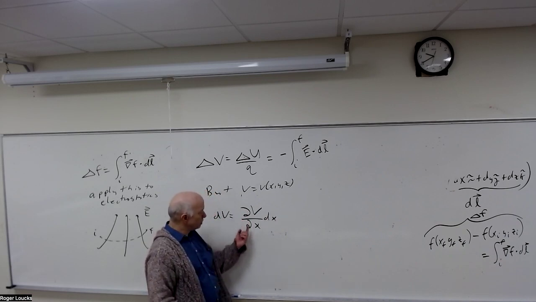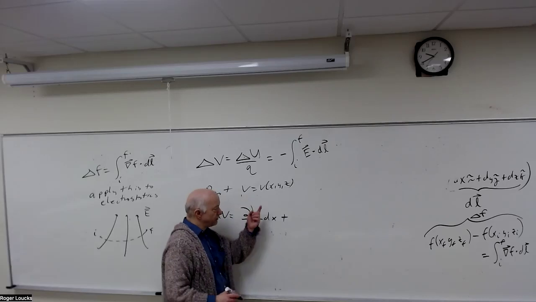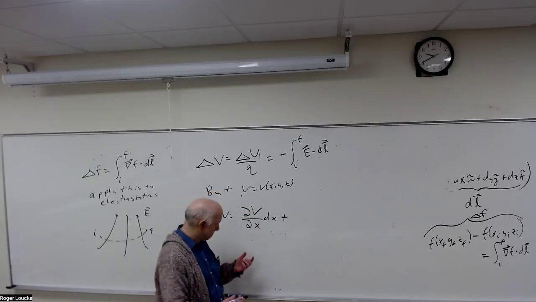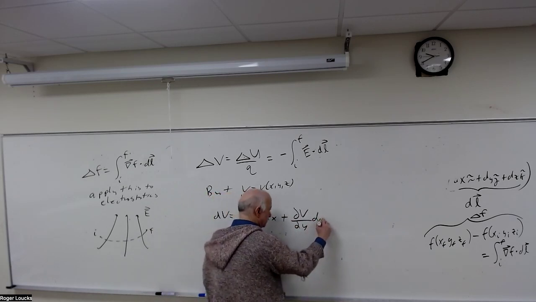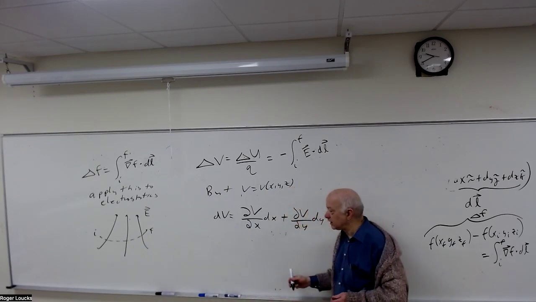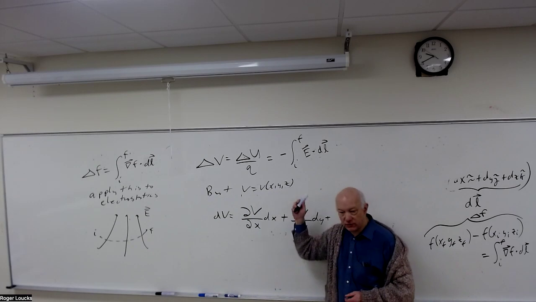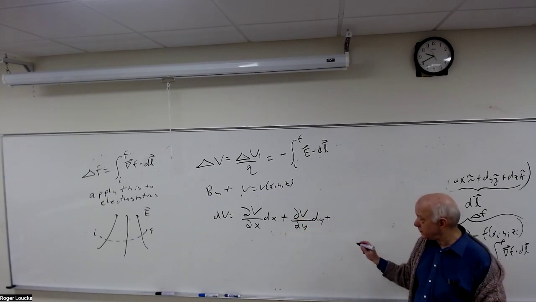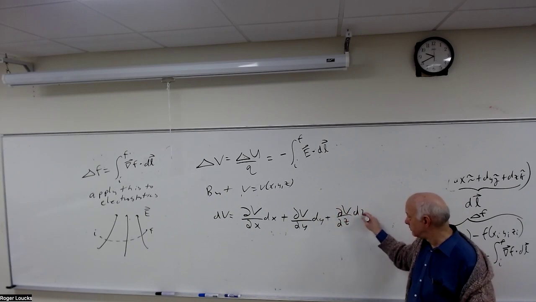So this is how much V changes if I only change X. Plus, how much would V change if I only change Y? Partial V with respect to Y dy. Now, how much would V change if I only change Z? Partial V with respect to Z dz. This is your total change in V.